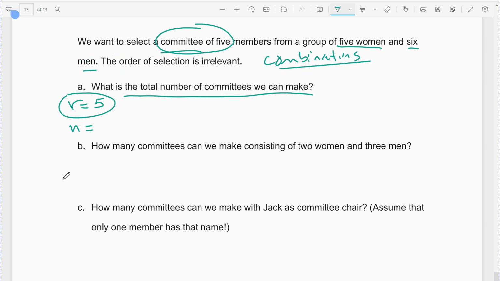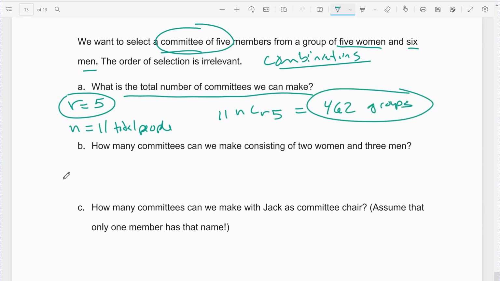So there's a total of 5 plus 6, so 11 total people. So it's a combination. I'm choosing 5 out of 11 people. So 11 choose 5, meaning there is a grand total of 462 different committees.